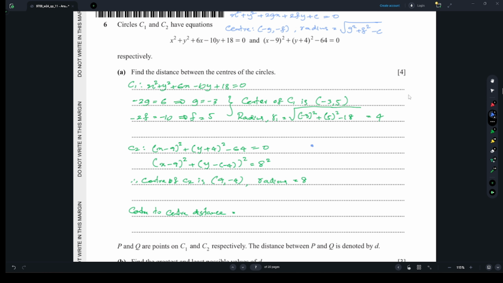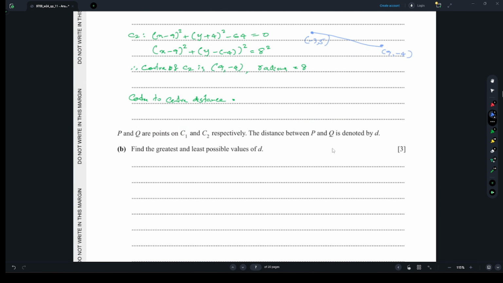So you have one coordinate which is (minus 3, 5), and another coordinate which is (9, minus 4). They are asking for the distance of this line.